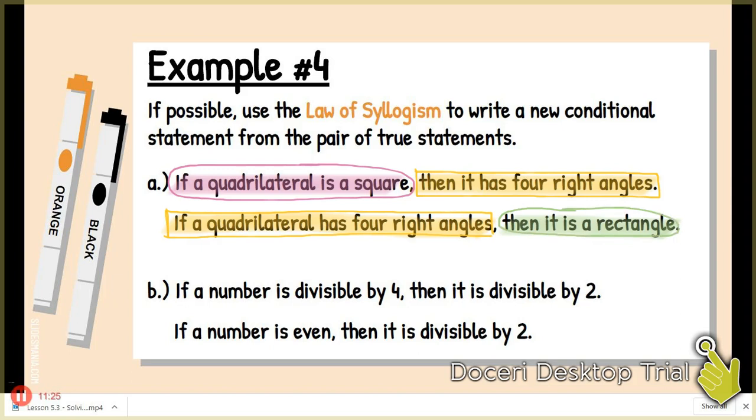So that's going to be our new conditional statement based off of the law of syllogism. So if a quadrilateral is a square, then it is a rectangle.